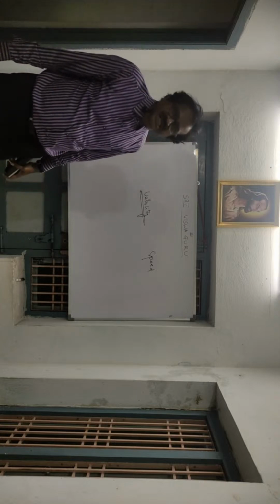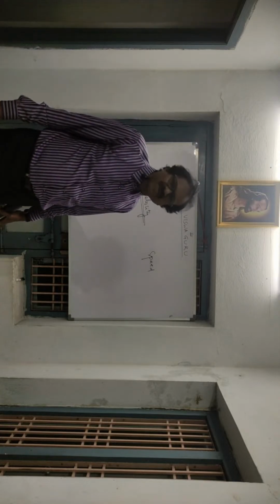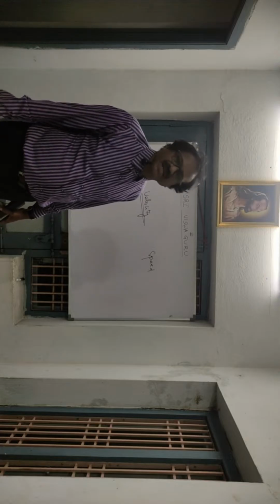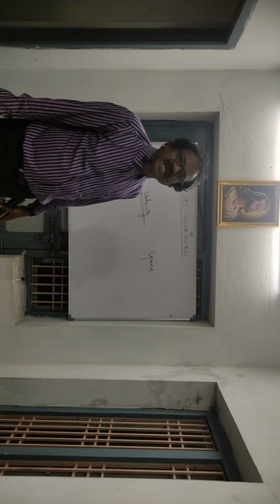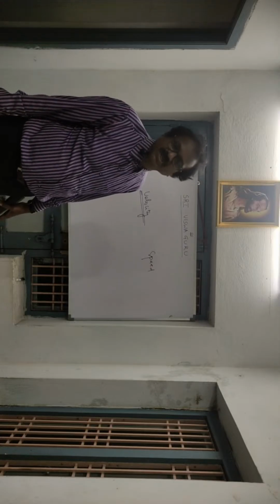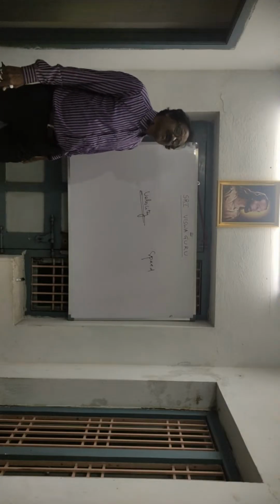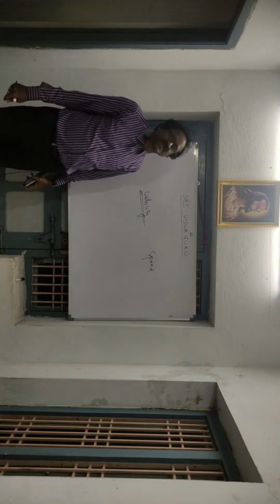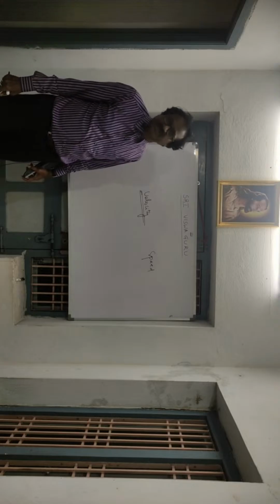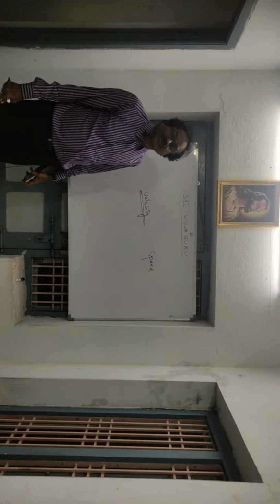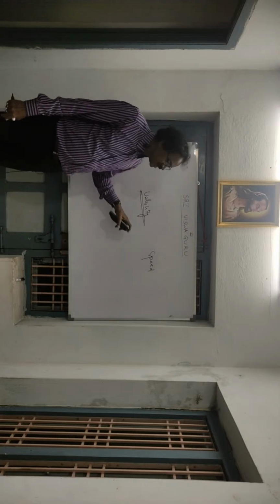The distance traveled by an object or thing in a unit time is called velocity, or the displacement of an object in a unit time is also called velocity.